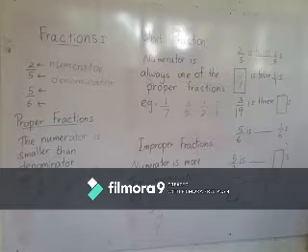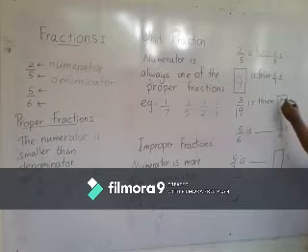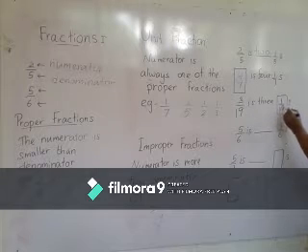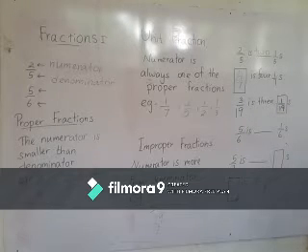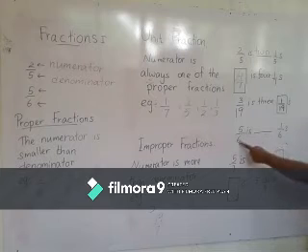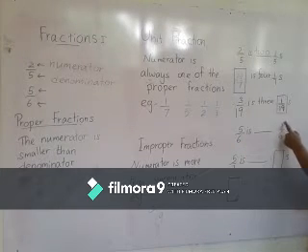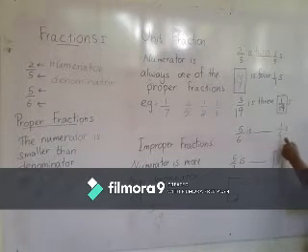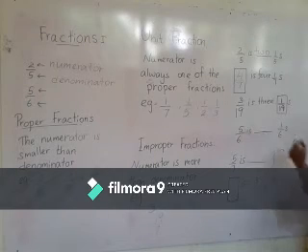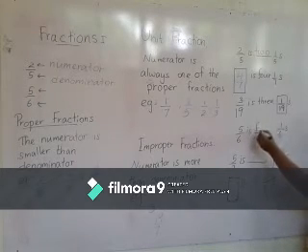And 3/19 is 3 times what? We must write the unit fraction. Our unit fraction is 1/19. And 5/6 is, we have written the unit fraction. So the numerator is 5, so we must write 5.